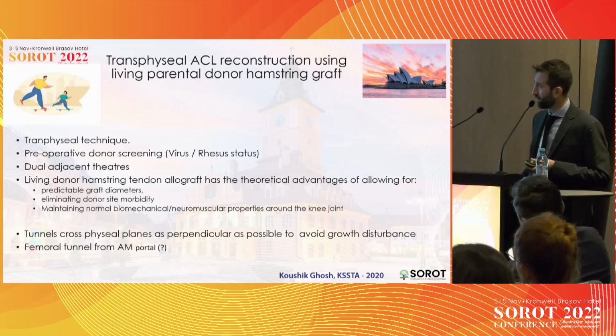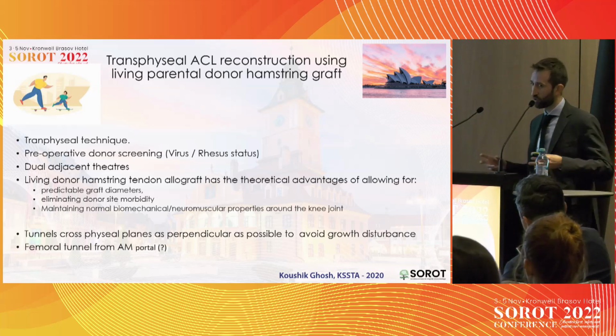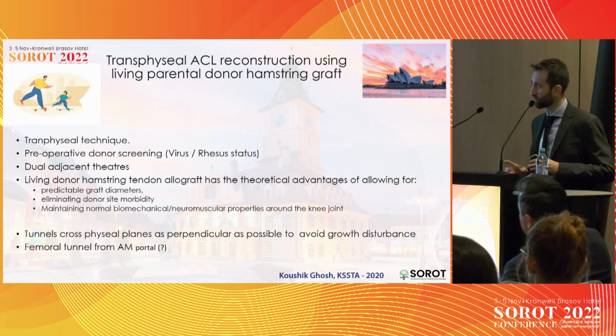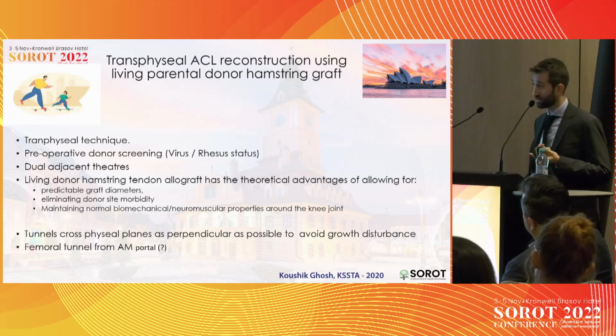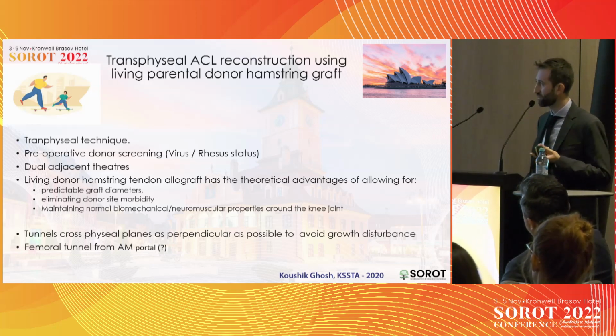And I just want to show you all the options, because in Australia, for example, they do a transphyseal reconstruction with the hamstring taken from a parental donor, and this point is interesting from my point of view, because the graft has a predictable diameter.